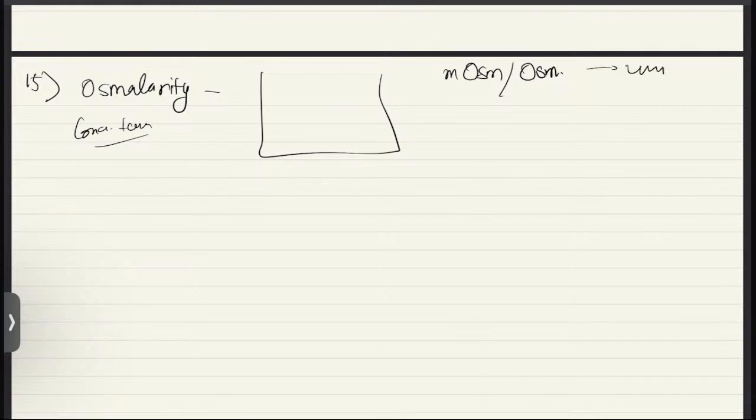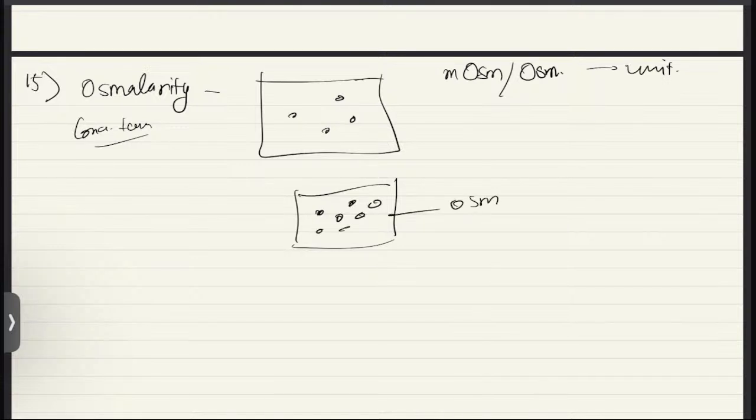This is the unit. If I take a beaker full of water and dissolve some solutes in it, comparing it to another beaker in which I dissolve a lot more solutes in a similar amount of water, the osmolarity here will be greater than the osmolarity of the first beaker, which means osmolarity denotes the amount of solutes dissolved in a solution.